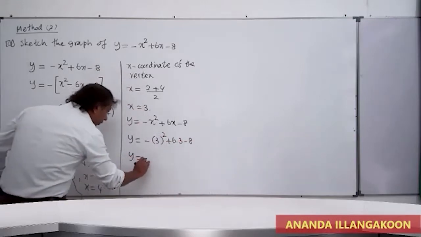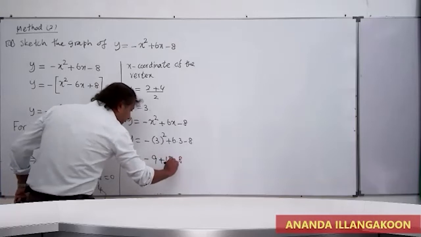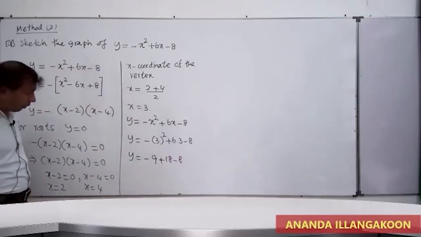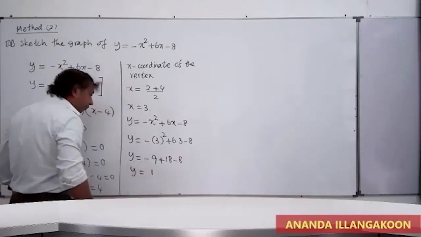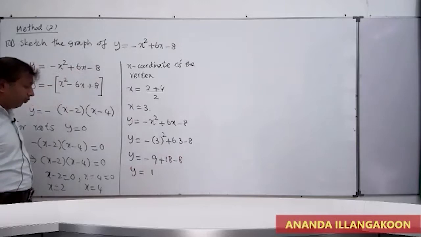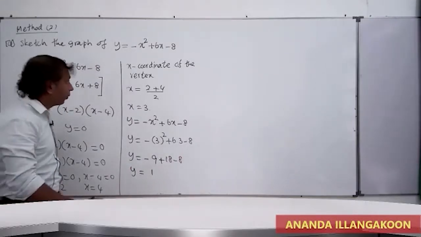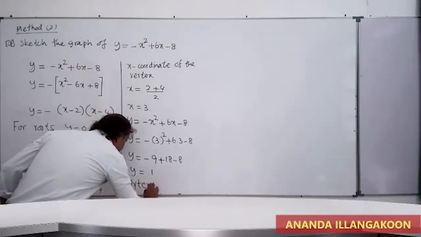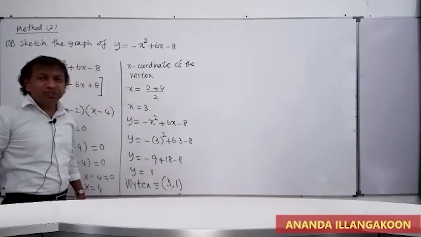We get here minus 9, 18 minus 8. What do you get there, people? It is 1, no? Then what are the coordinates of the vertex? 3, 1. You can write the vertex, people, 3, 1. Now this is enough.